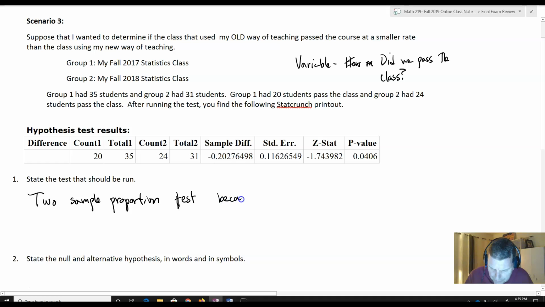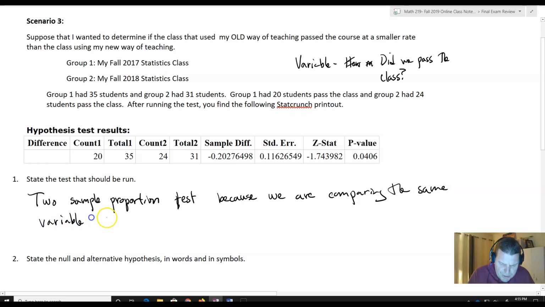Because we are comparing the same variable between two different samples, or two different populations, rather.